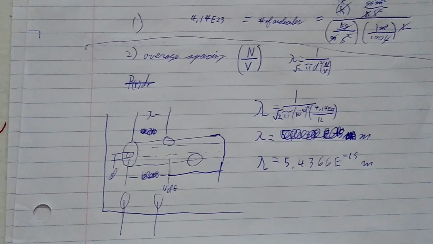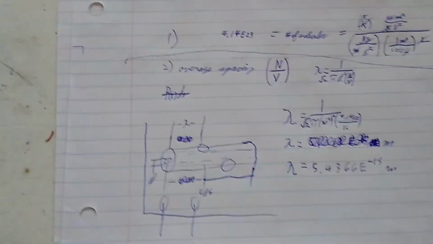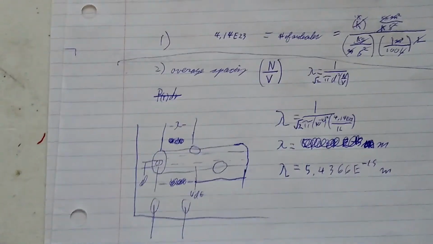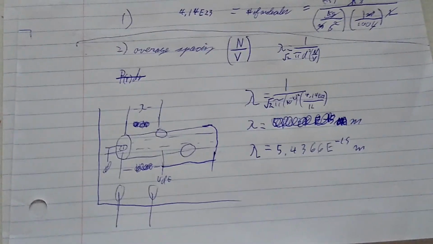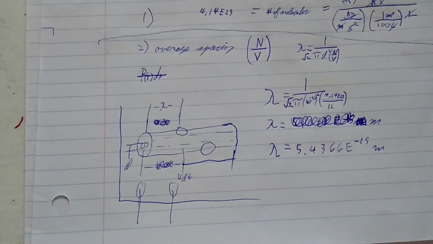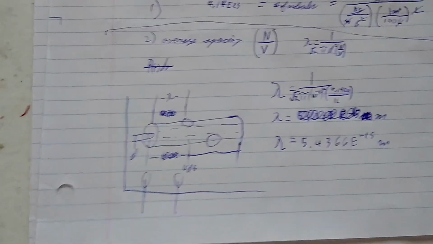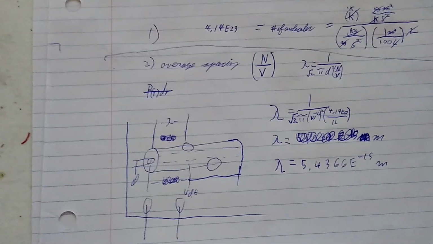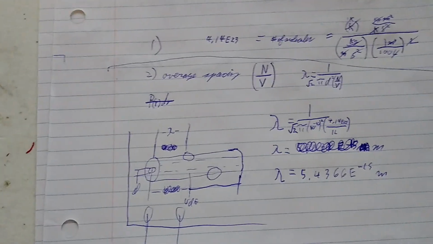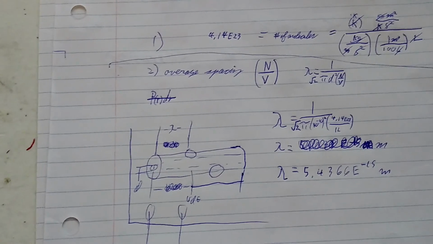The next thing is to estimate the average spacing. I didn't think about this one a lot, but I think this is the right way to go about it. The mean free path is the distance a molecule is going to travel until it bumps into something.